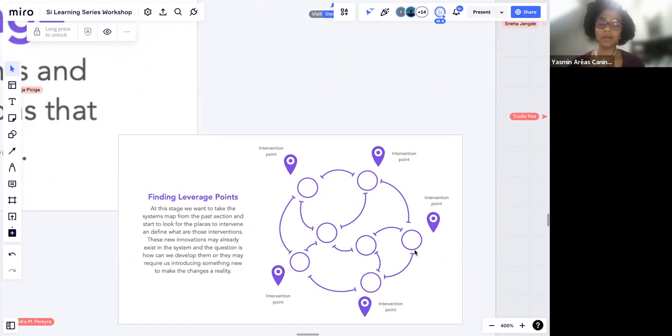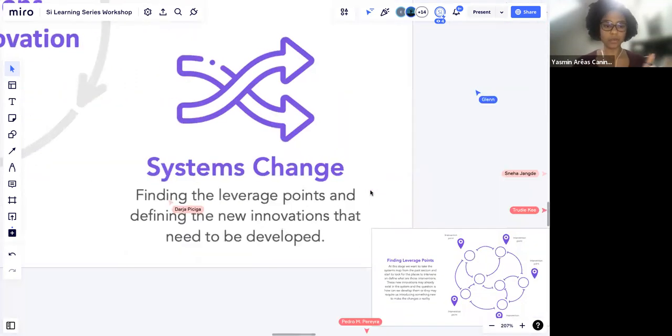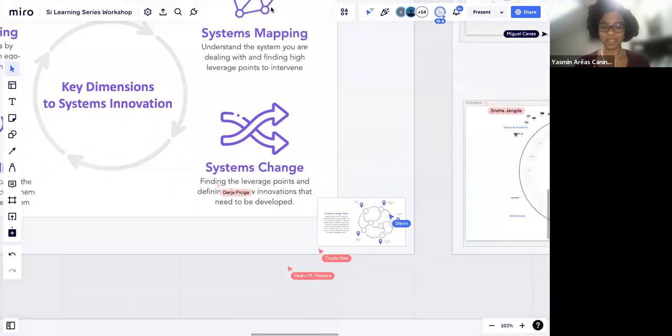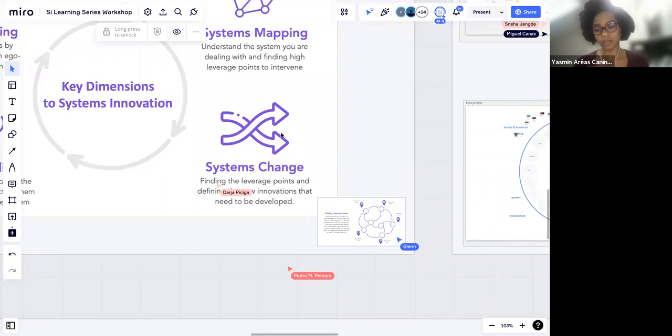So here's about where and how we can influence and enable the change in the system. And I saw here in the comments that you're talking about leverage points and how important that is. And this is the part where we're going to really talk about the best places to intervene in the system.